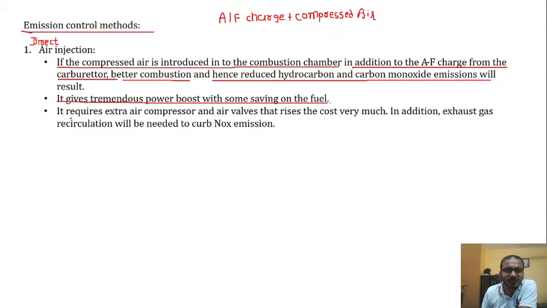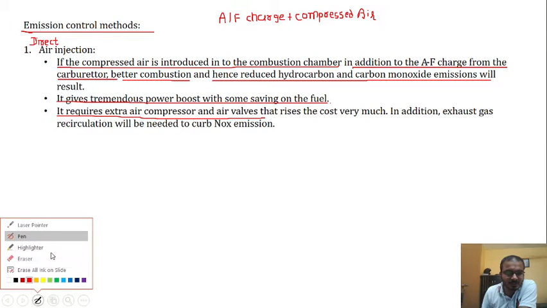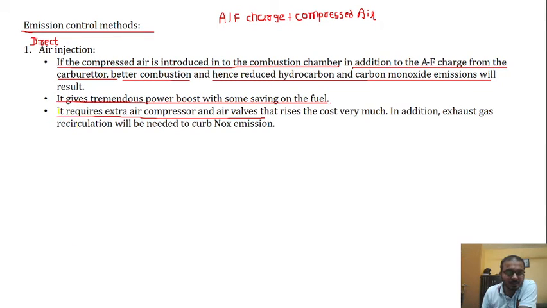However, there is one disadvantage of using direct air injection: it requires an extra air compressor and air valves. So these things are added. If you see, the drawback of having this is that an extra air compressor is required, as well as air valves.